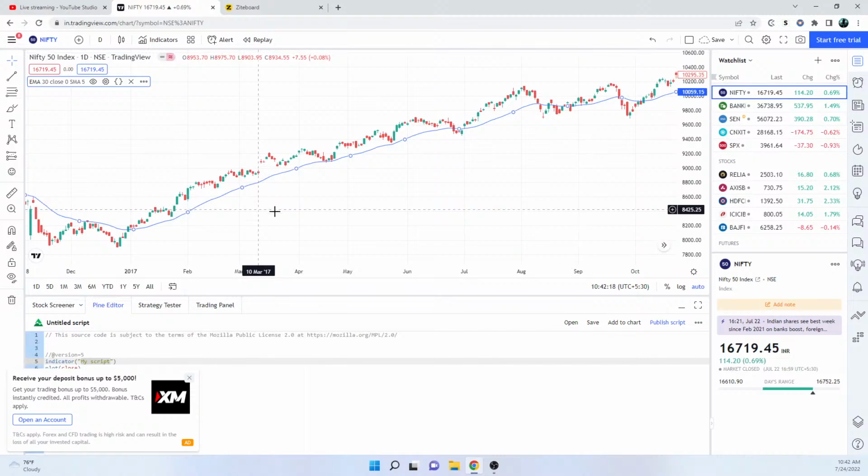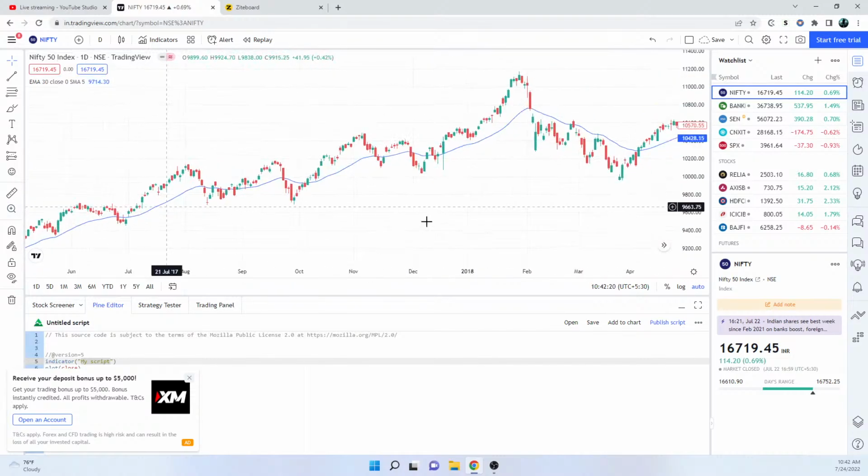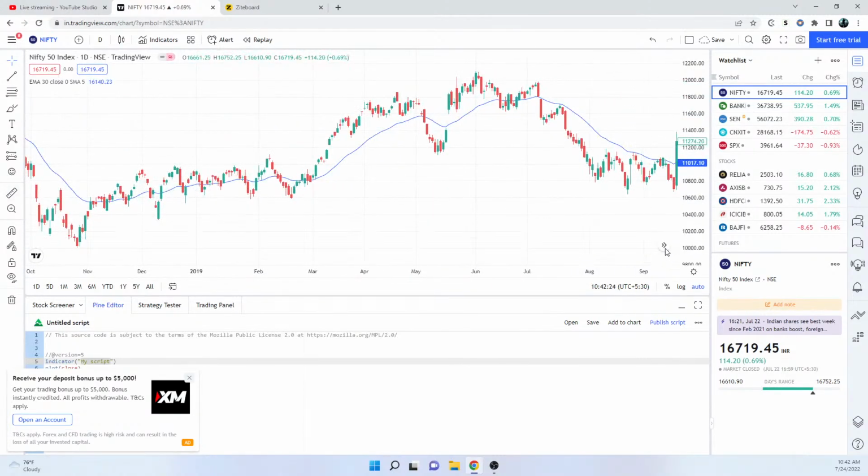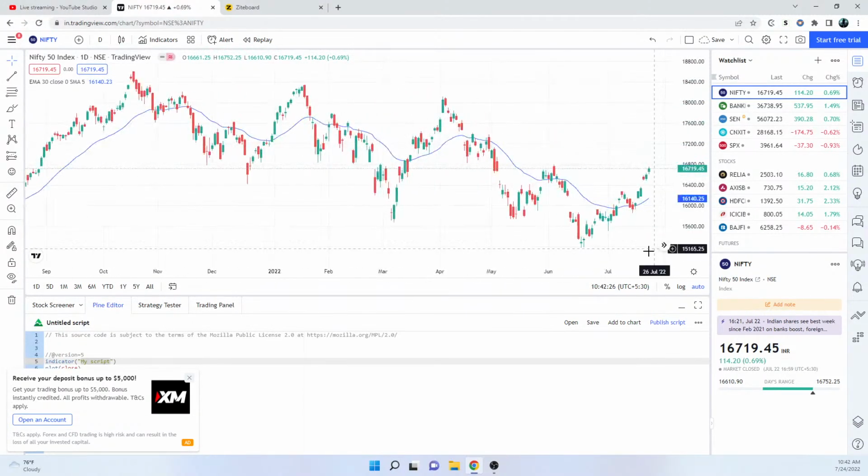Okay. So if I take you again back to 2022. In this chart you can see what kind of performance we are getting. The trend doesn't last very long in this kind of situation.